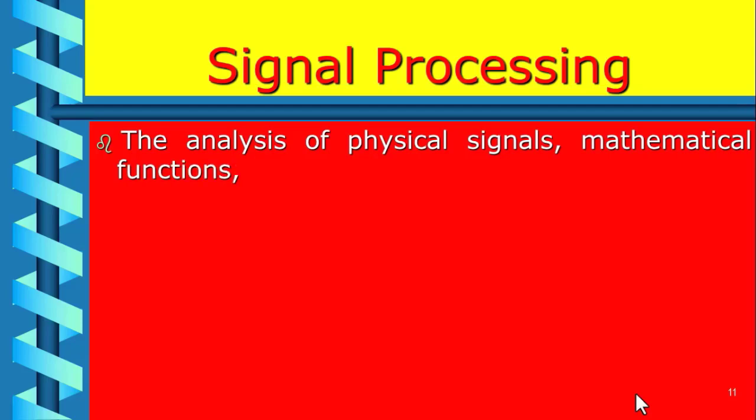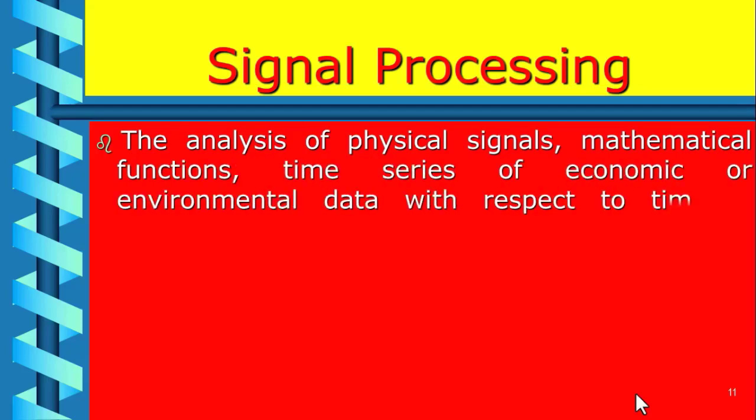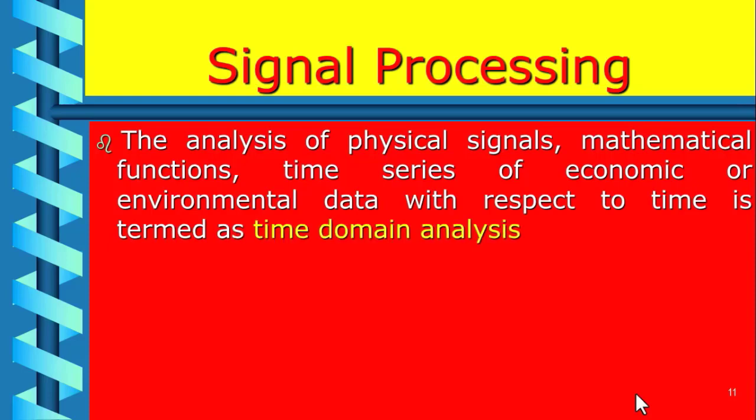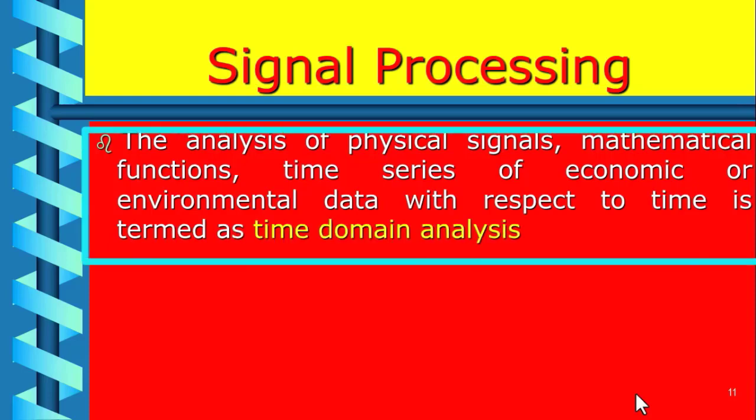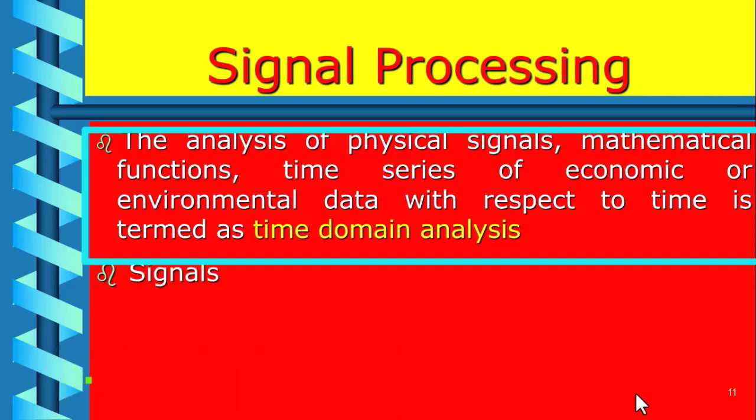So, signal processing, as we have said earlier, is analyzing of the signal. Now, signal will be analyzed in two ways. One is time domain analysis, and the other one is frequency domain analysis. The analysis of physical signals, mathematical functions, time series of economic or environmental data with respect to time is termed as time domain analysis.